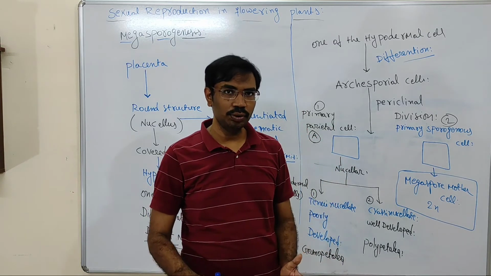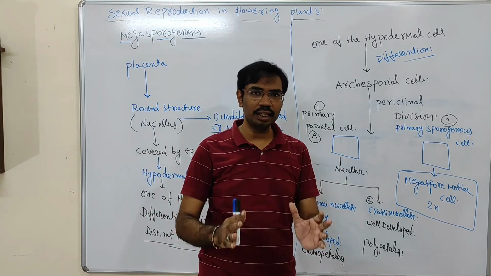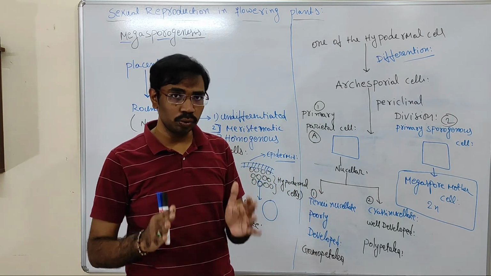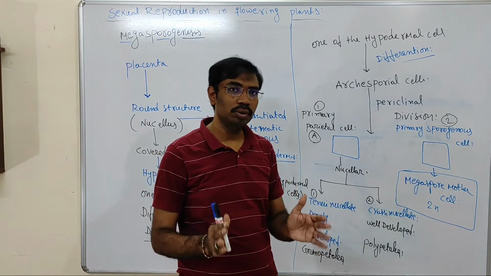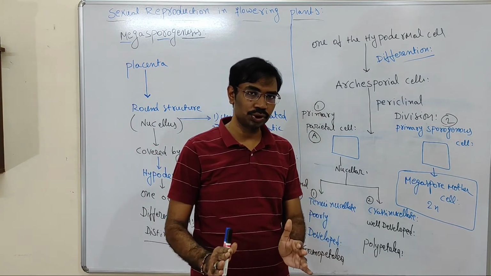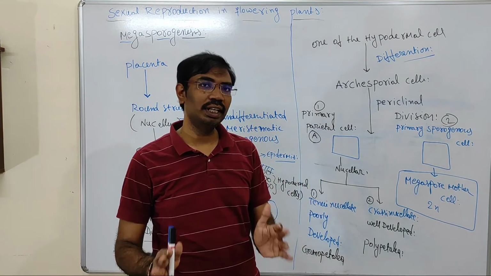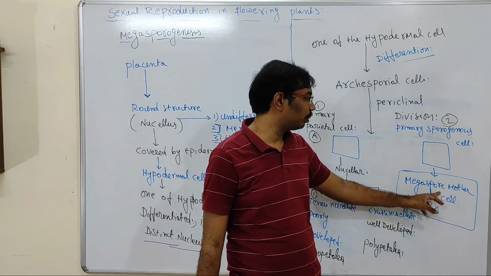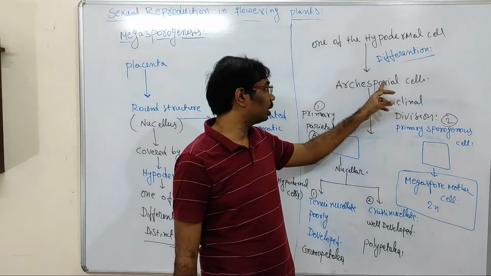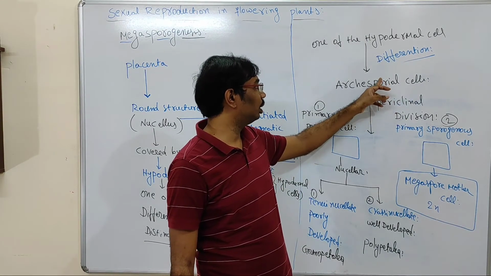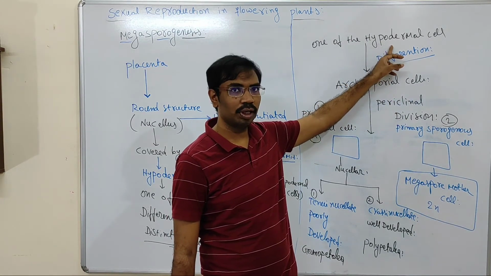In this video, I gave clarity about how the megaspore mother cell is produced. The megaspore mother cell is produced from the archesporial cell, which is one type of cell derived from the hypodermal cell.